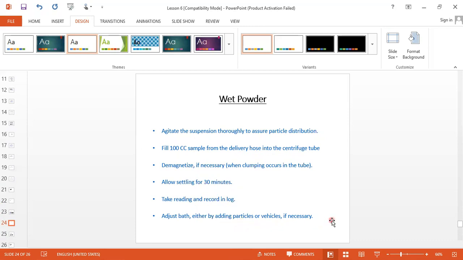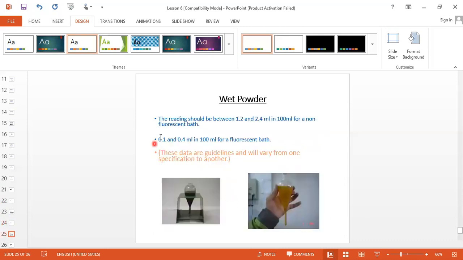That means if your concentration is more than 0.4 ml or cc in the case of fluorescent, we have to add water. Or if the concentration is less than 0.1, then we have to add powder. So based on that, we can add magnetic particles or we can add water. For the visible method, the reading should be 1.2 to 2.4 per 100 ml.